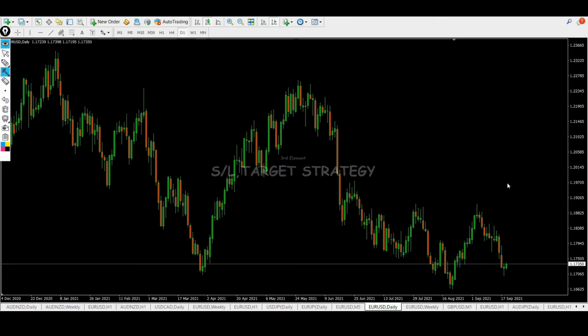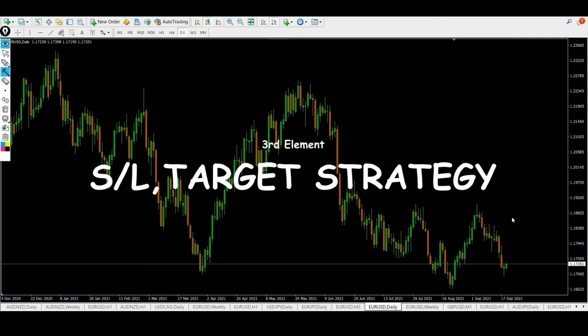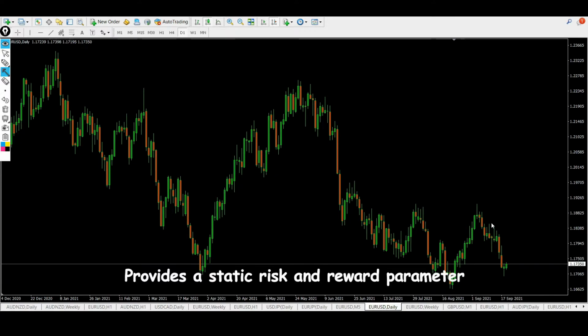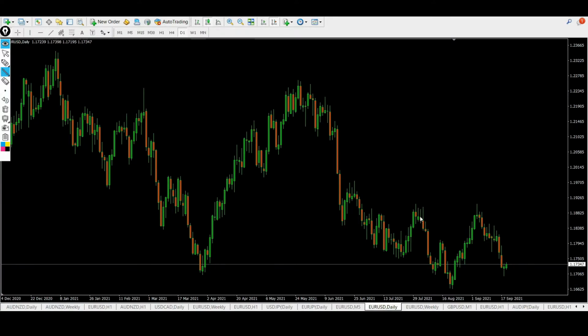And now let's go on to the stop loss and target strategy. Now the stop loss and target strategy essentially provides a static risk and reward parameter. So going back to that previous entry example, I will enter a short trade at the close of this red candle right here, which is along with the short bias, and the stop loss and target parameters will be, first of all, the stop loss will be at the pivot high of where I measure that short strength, and the main target is at the pivot low of where the long strength was measured.